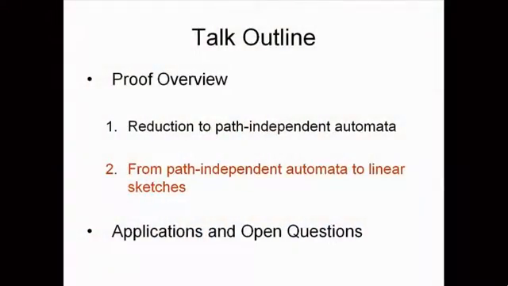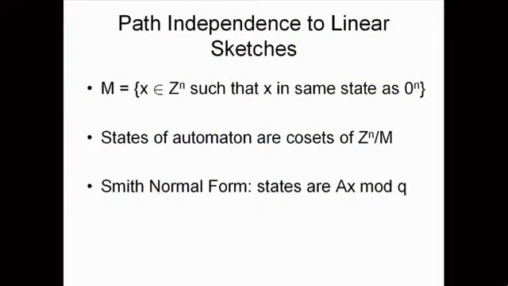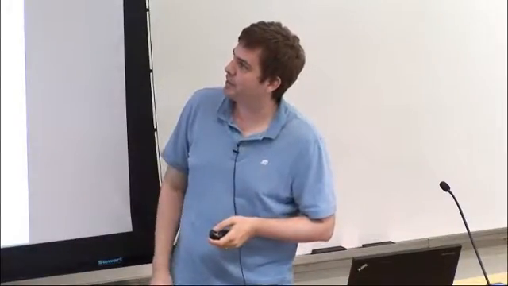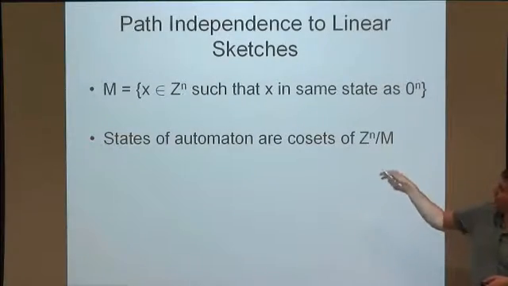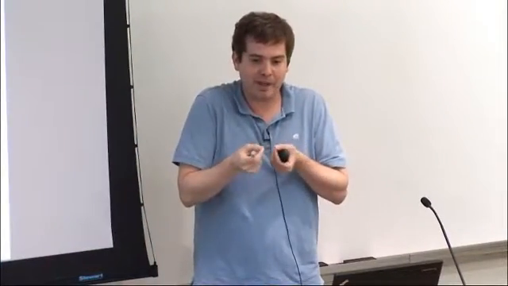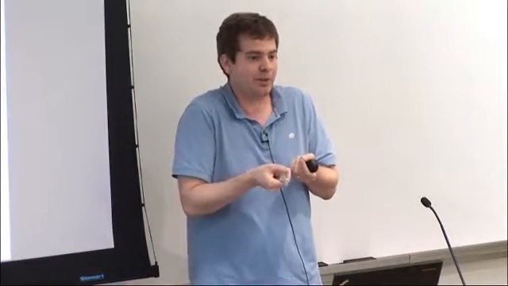OK, so I don't have time to talk about the second part. Basically, this part is somewhat easier in the sense that once you know that you're path independent, you can define M to be a free module, which is all of the vectors x which go to the same state as 0.